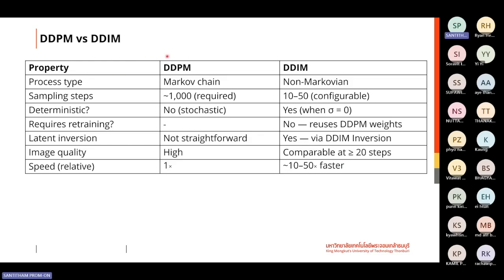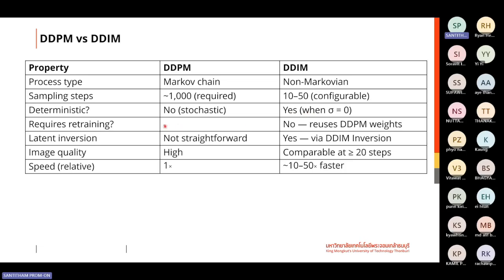So comparing the two properties, DDPM depends on the previous state, so it is a Markov chain. DDIM is non-Markovian. You have around 1,000 steps for DDPM and 10 to 50 for DDIM. We will see that there are effects when you use the DDIM. This is stochastic, this is deterministic.